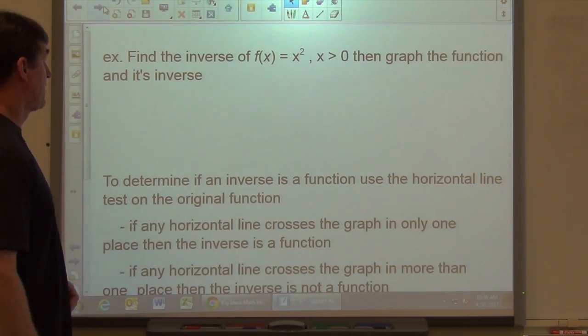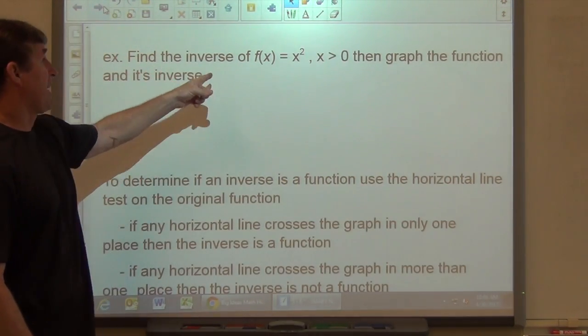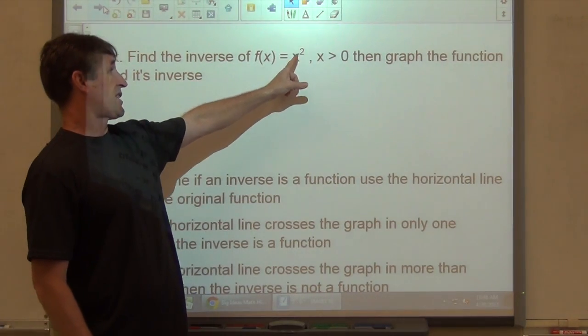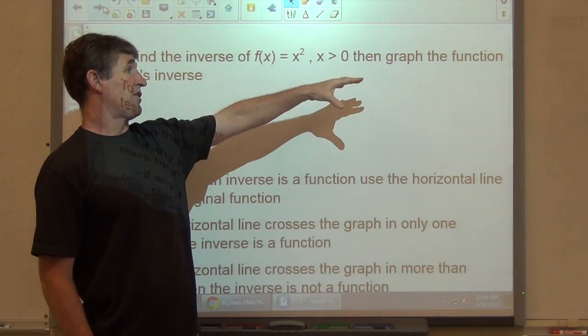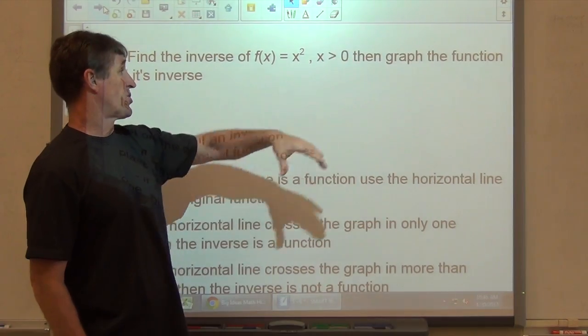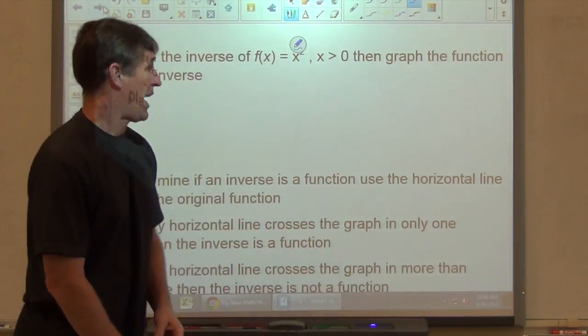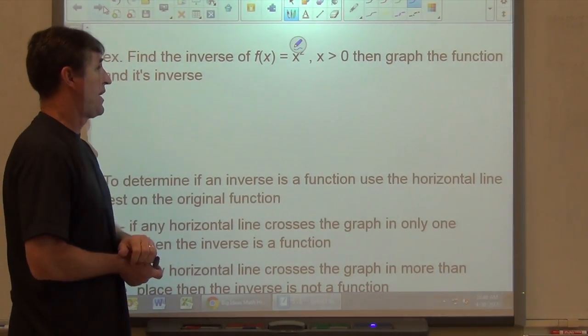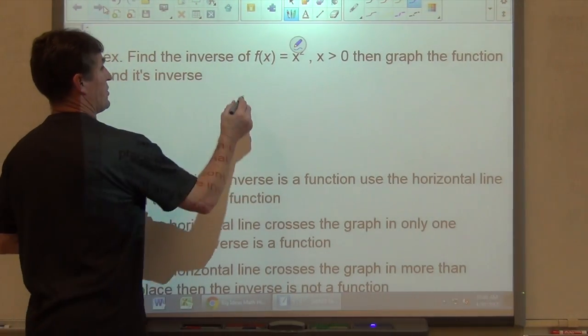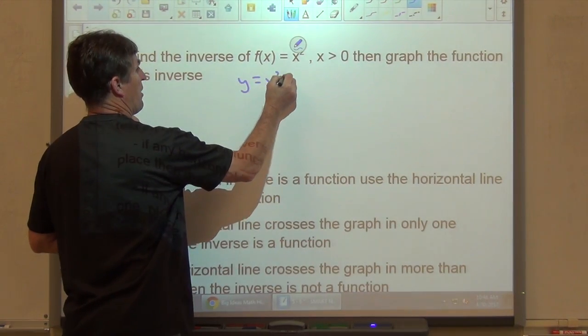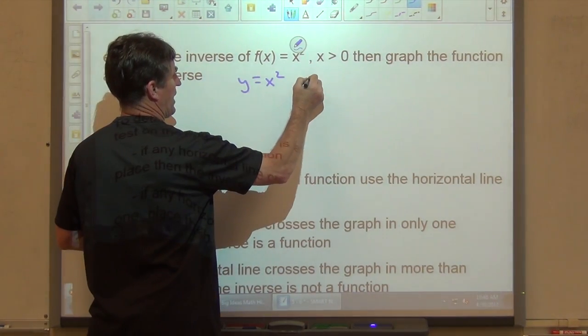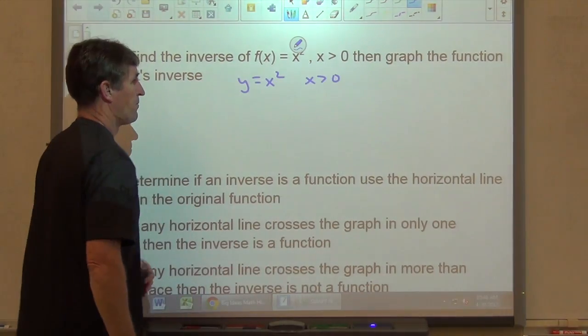Next, this example: find the inverse of the function x squared when x is greater than 0, then graph the function and its inverse. I'm not going to have you graph, but I want to show you how you could graph if you had to. So this is y equals x squared, but we're only doing it for when x is greater than 0.